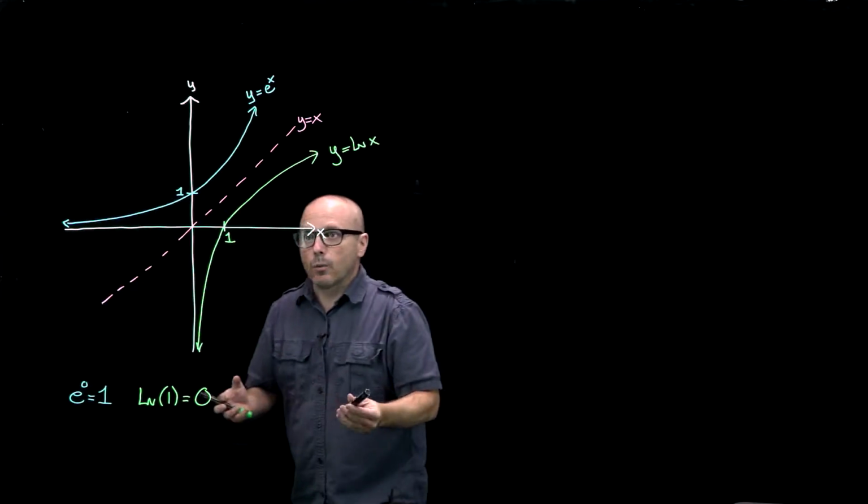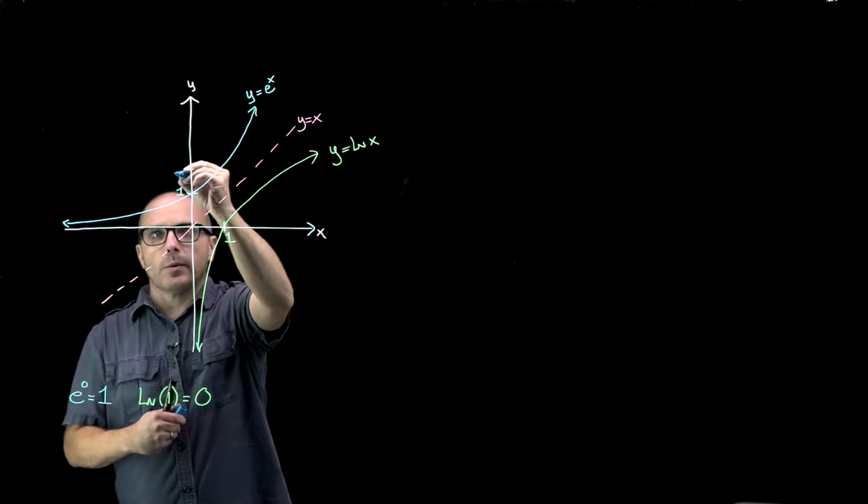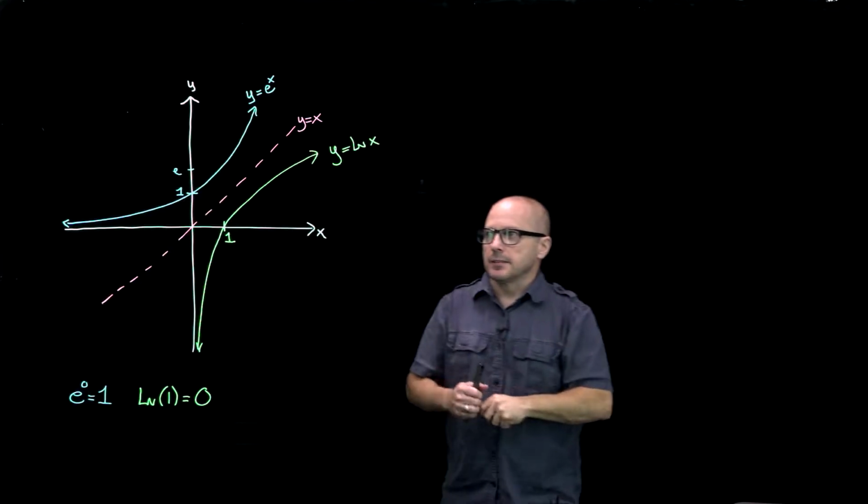What else do we know? e to the 1 is just e. Anything to the first power is itself, even though we're not sure exactly what that value e is.